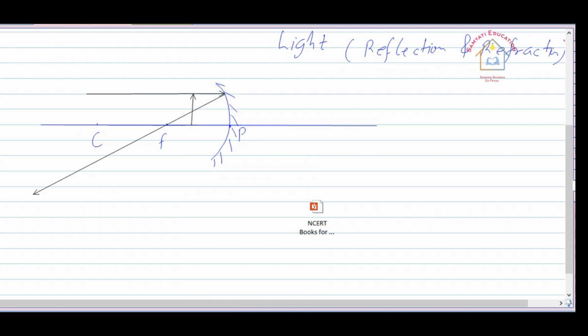Here we can see both rays of light can't meet. Then we can draw a dotted line diagram, which means the rays appear to meet behind the mirror. Hence we get a virtual and erect image behind the mirror in a concave mirror.